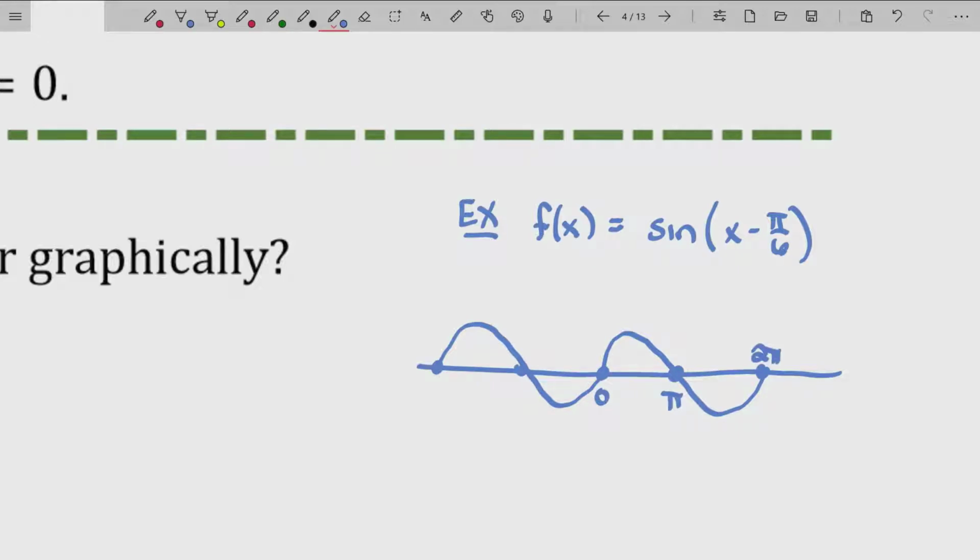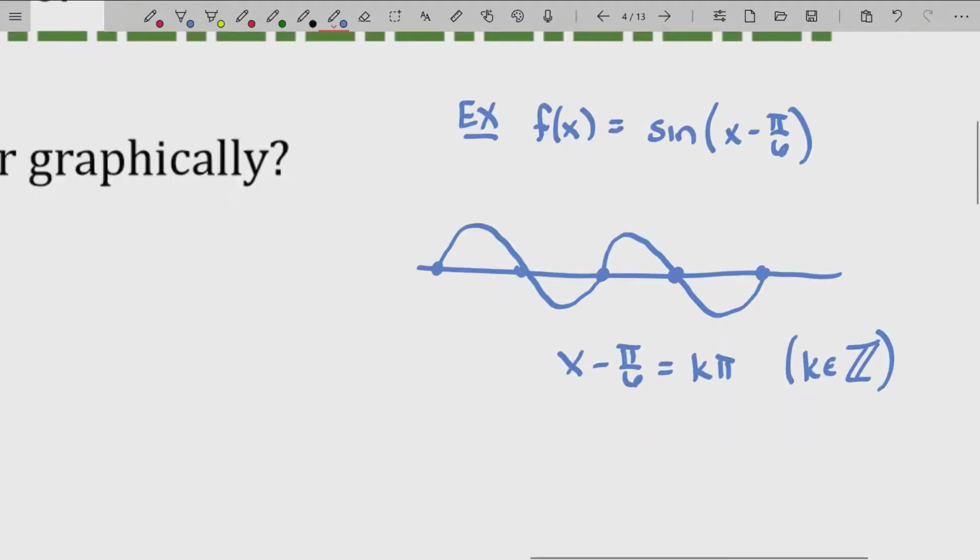Of course, that's if it was sine of x. But this is not sine of x here. This is sine of x minus pi over 6. So really, what we're concerned with is, when is x minus pi over 6 equal to an integer multiple of pi, k pi, where k is an element of the set of integers.